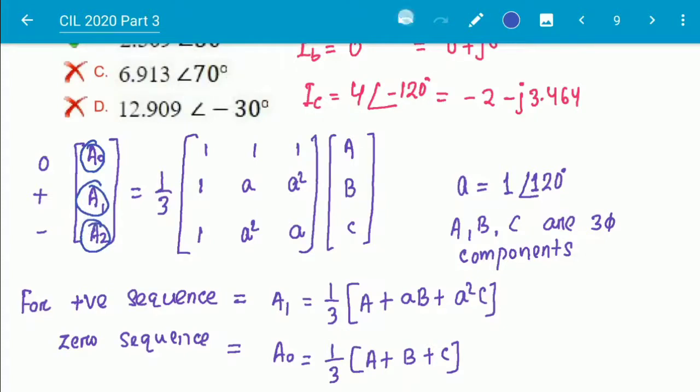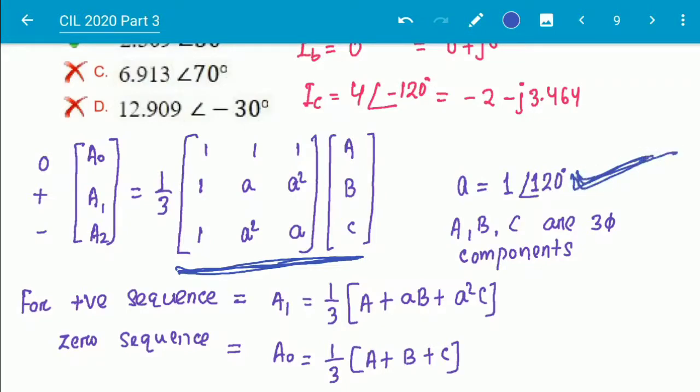This can be seen from the matrix that this is the symmetrical components matrix, and here a is the angle operator which, when multiplied, shifts the angle by 120 lead.